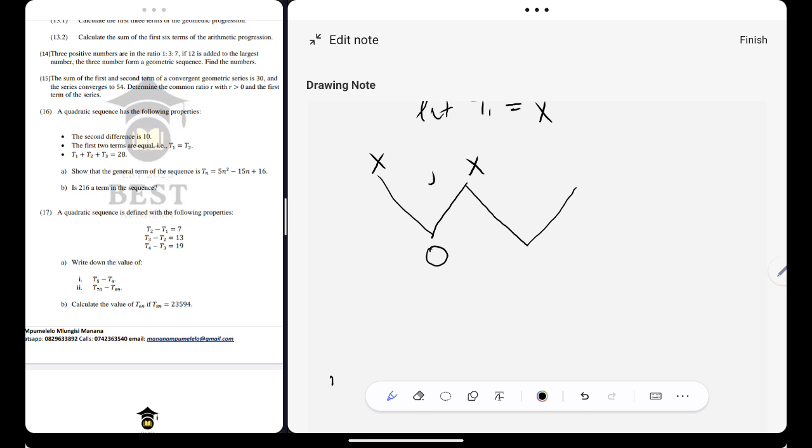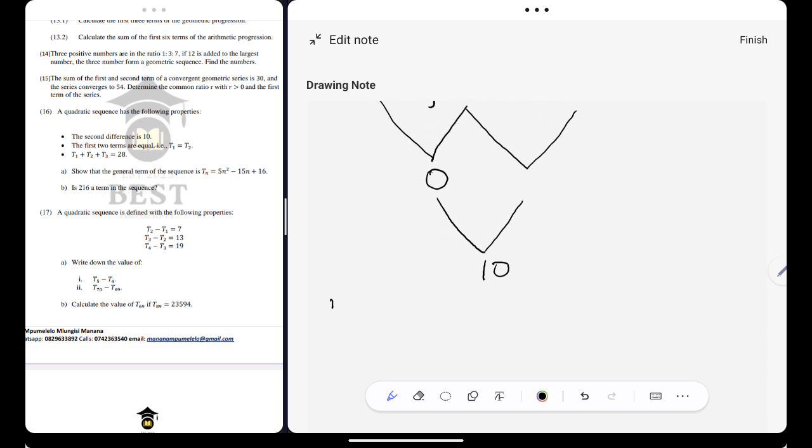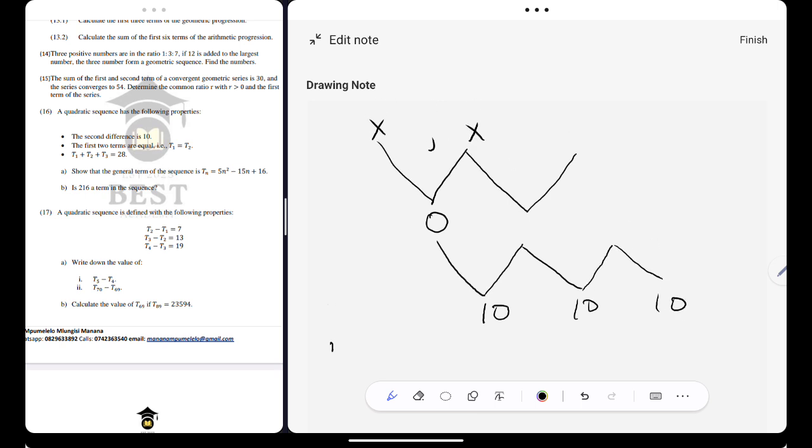But I'm also told that the second difference is 10. And the second difference, I know that it's constant. It will always be 10.